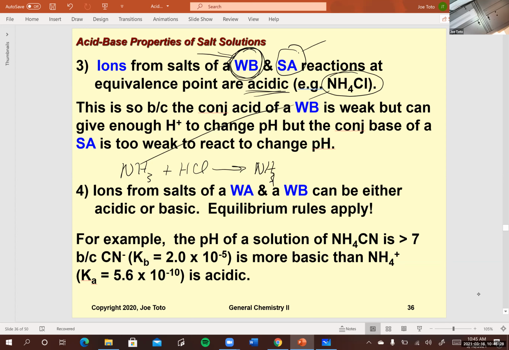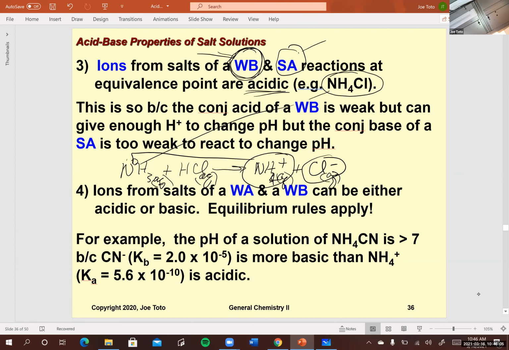Strong driving force for making salty water. And I leave out the aqueous. There's lots of water in these examples. And I recognize that in the salty water, I have a spectator, the conjugate base of a strong acid, which doesn't do anything, and a conjugate acid of a weak base.